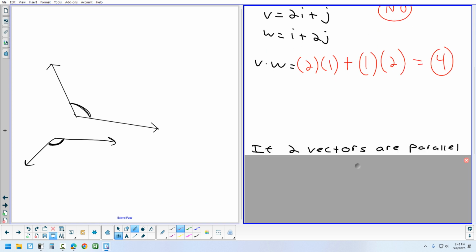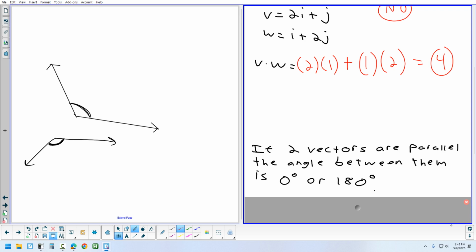So that's perpendicular. And the last one is parallel. Well, there's no shortcut for parallel. You just have to do the whole problem. And if the angle comes out to 0, that's considered parallel. That's two vectors like this. Think if you were throwing a ball at a 0-degree angle, it's perfectly horizontal.